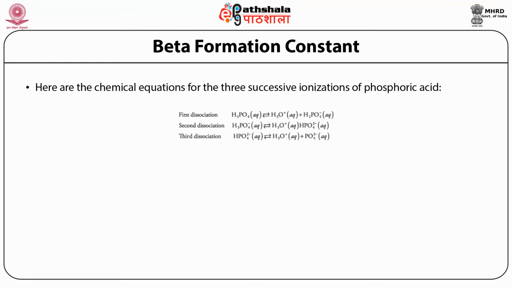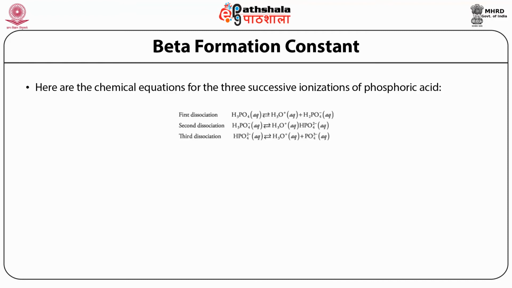Consequently, an aqueous solution of phosphoric acid contains all the following molecules and ions in various concentrations. What does it contain? H3PO4 itself, which remains undissociated. In aqueous solution, H2O and H3O plus will be there, which is formed.